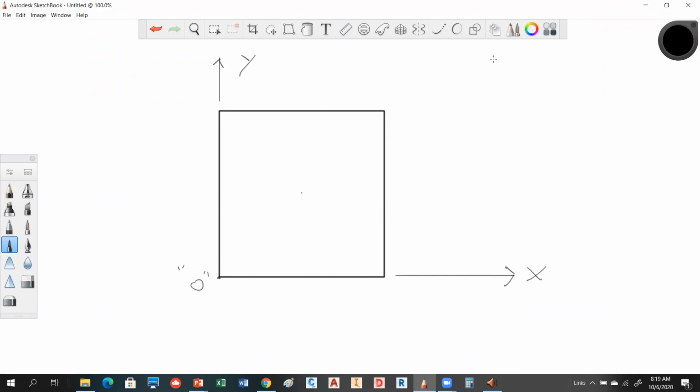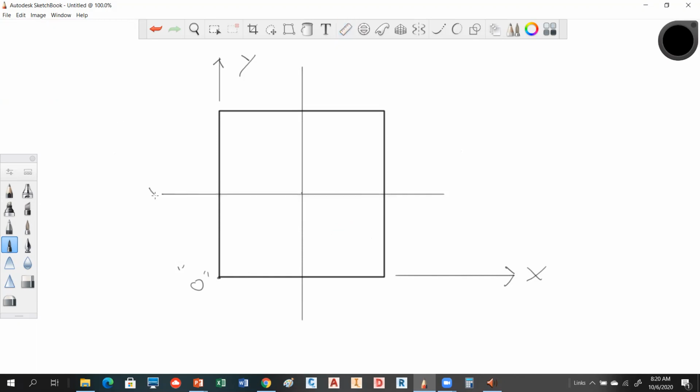So what we have, this would be called the YY centroidal axis. This would be called the XX centroidal axis.